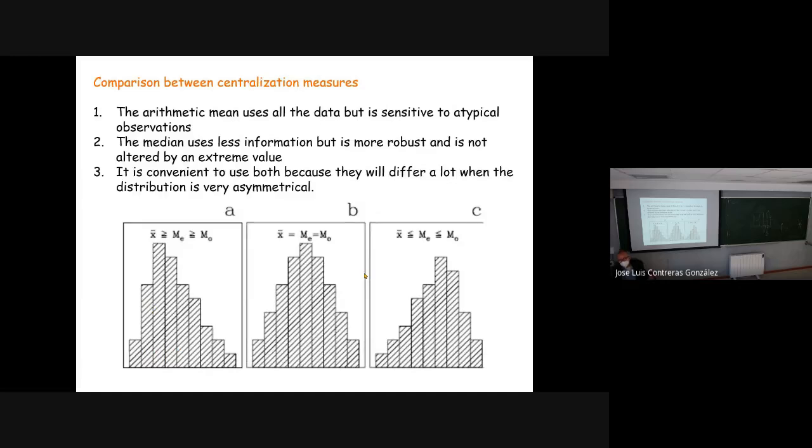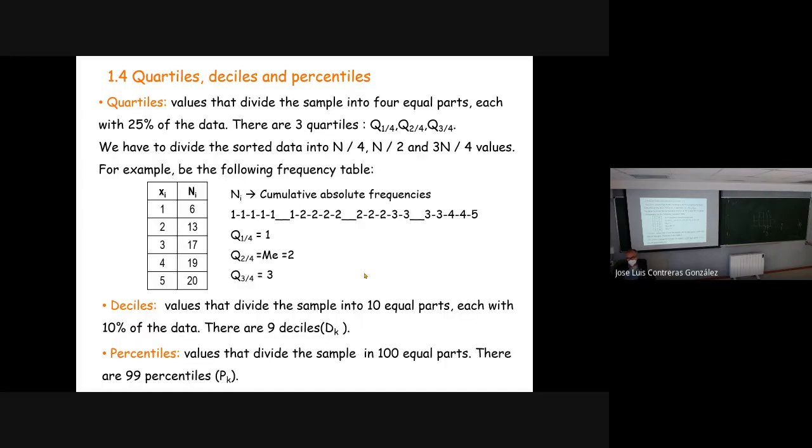Next concept. These are the main ways to specify the location of a set of values or distribution. But there are some auxiliary ways, which are the quartiles, deciles, and percentiles, which are generalizations of the concept of the median. Quartiles are values that divide the sample in 4 equal parts with 25% of the data. So you go there, and you find which are the 4 values.